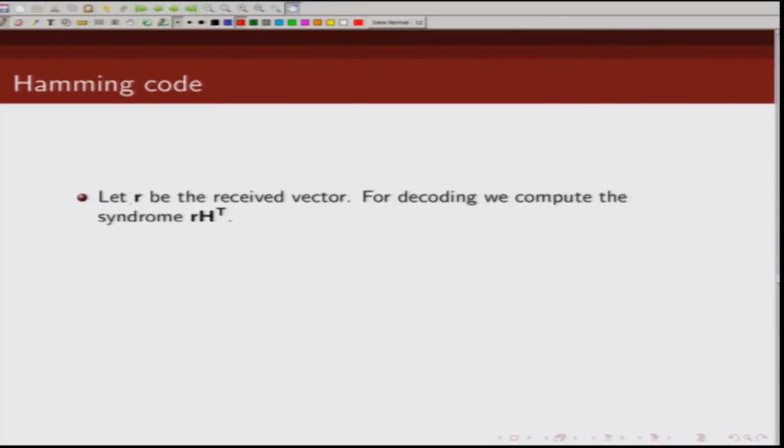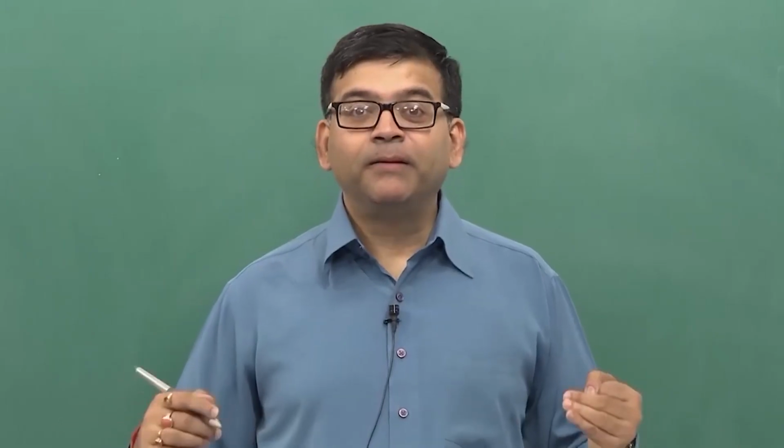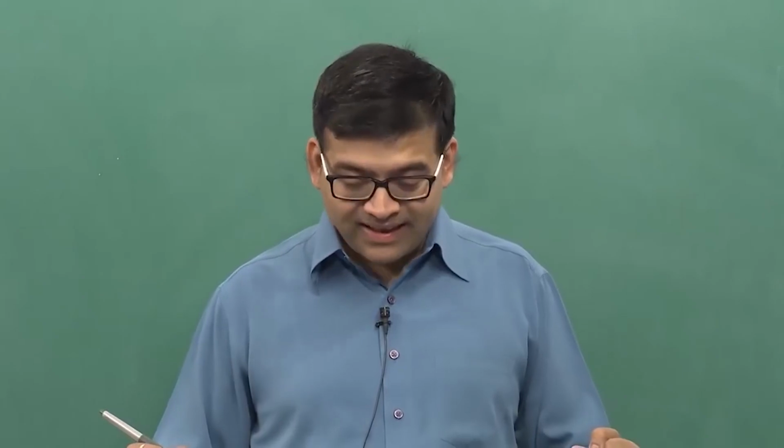Let us say R is my received n-bit vector, and I am interested in knowing whether R is in error. Because this is a single error correcting code, let us say a single error has happened, then I am interested in correcting this single error.